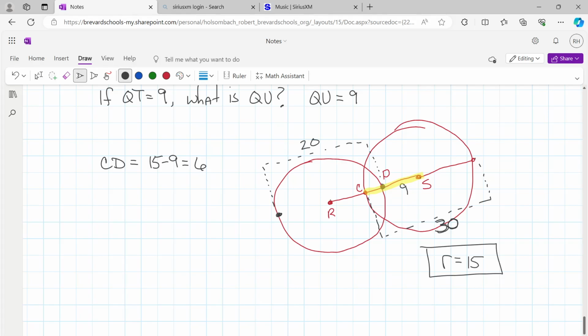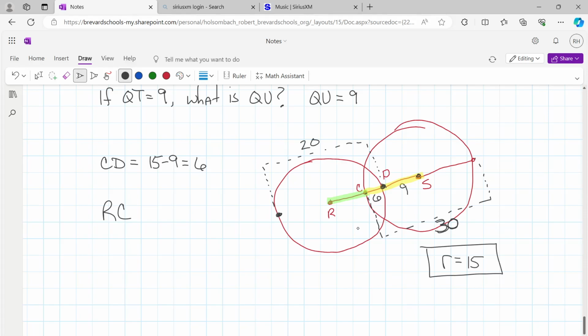Use the diagram to find RC. R to C. All right, so here's R to C. Now look what we got. We found D to S, it was 9, or we were told it was 9, and we found out that C to D was equal to 6. You with me?